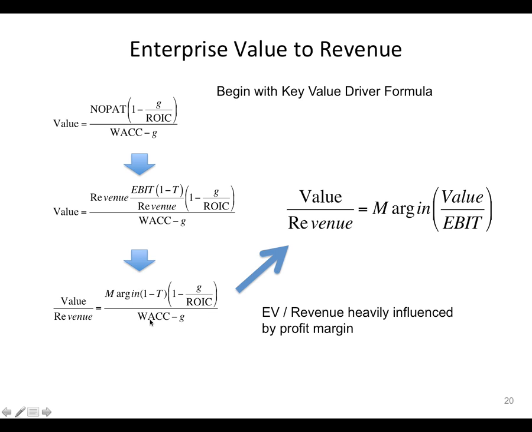This, 1 minus the tax rate and all this, is enterprise value to EBIT. So enterprise value to revenue is the estimated EBIT margin times the enterprise value to EBIT multiple. So basically, what is my estimated margin? It's my enterprise value to sales divided by my enterprise value to EBIT.